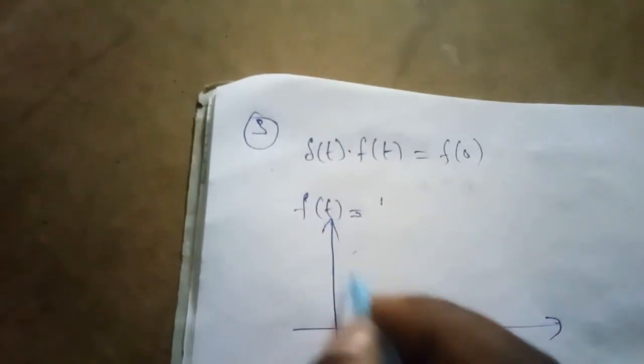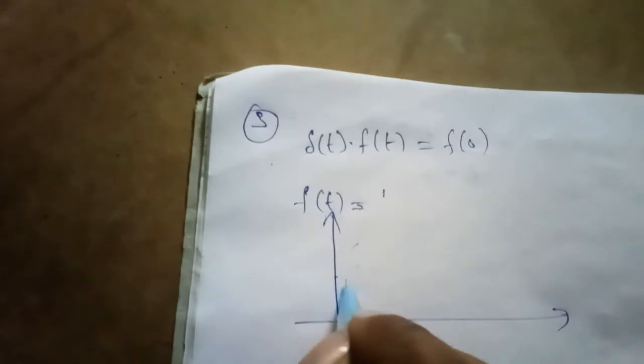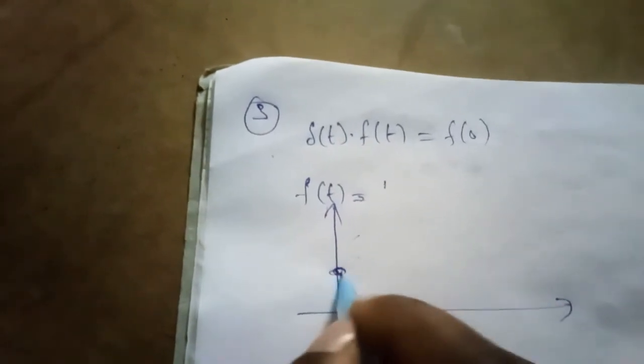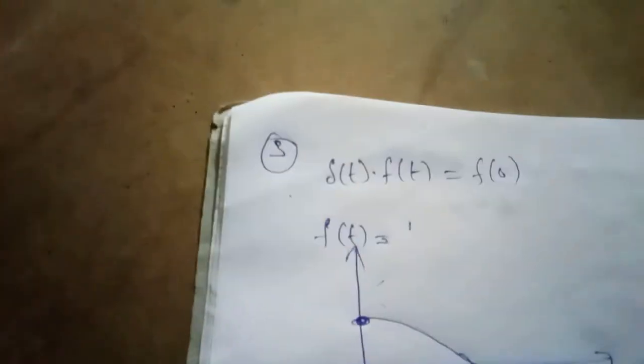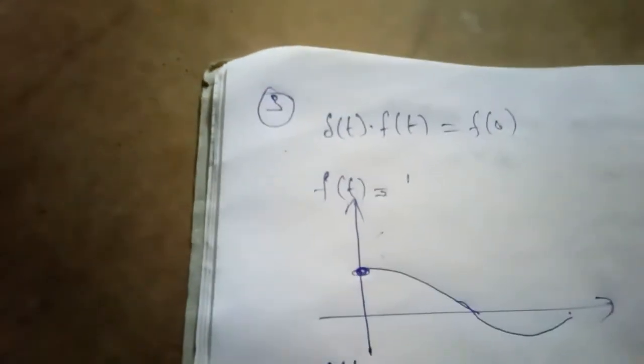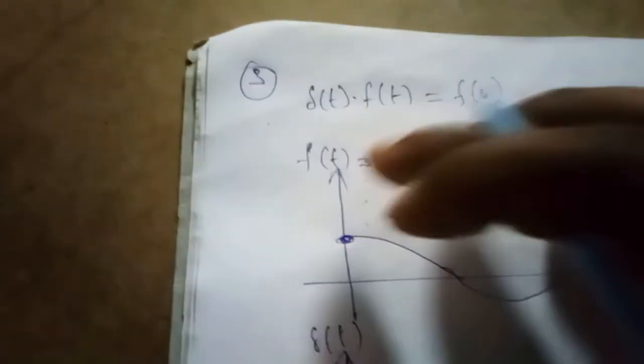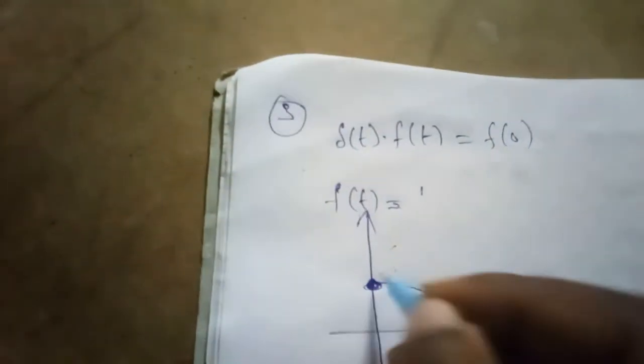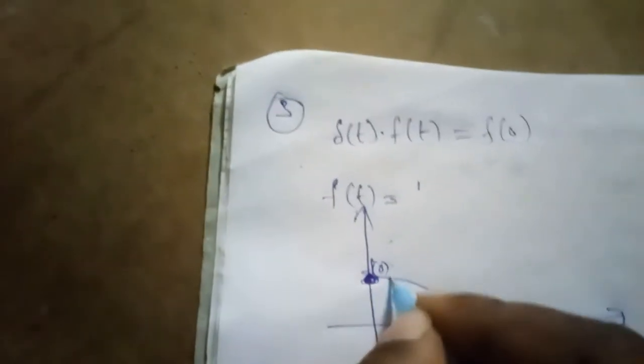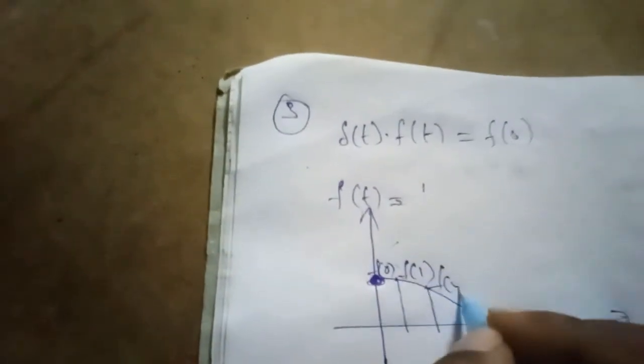Now I am taking f of t as my function. Here I am considering this signal. Now I know del of t is only 1 at 0, remaining all are 0. Now multiply. Here it is f of 0, here it is f of 1, here it is f of 2.